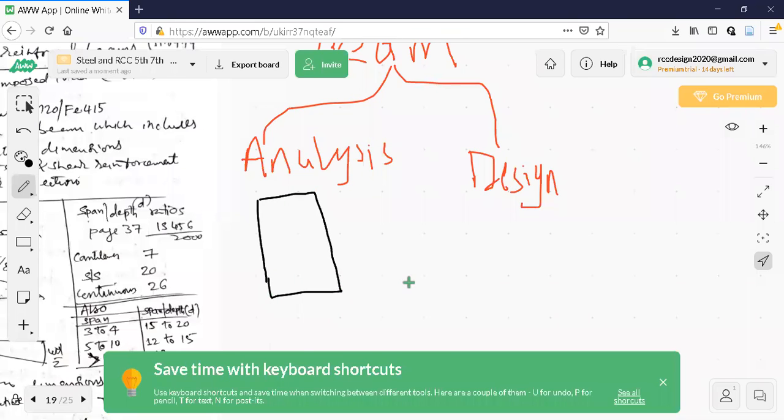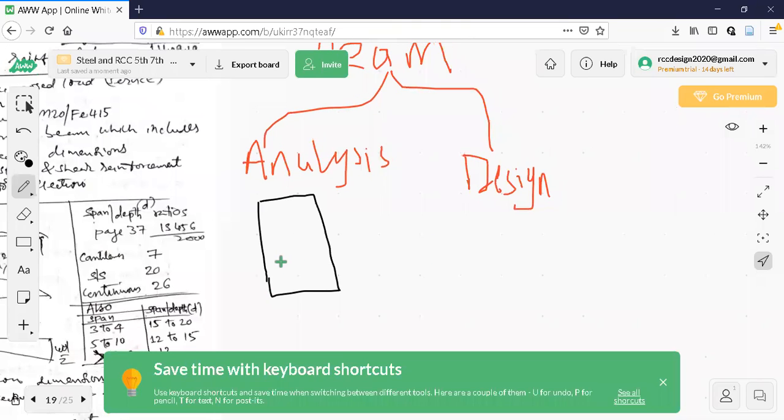In analysis, what we are doing, I am explaining now. After that, I'll start the design part. In analysis, the cross-section dimensions of the beam are given, the Ast value, how many bars of what diameter is given. You are calculating the moment of resistance and what is the safe load that the beam can carry.